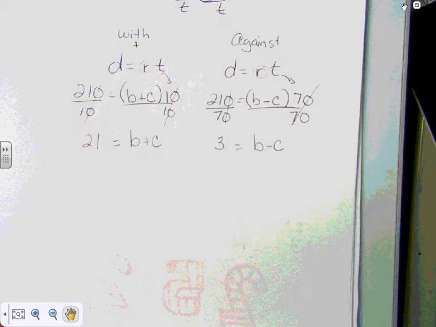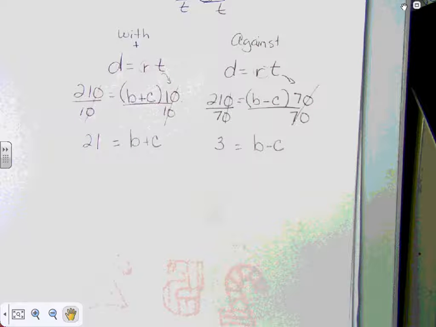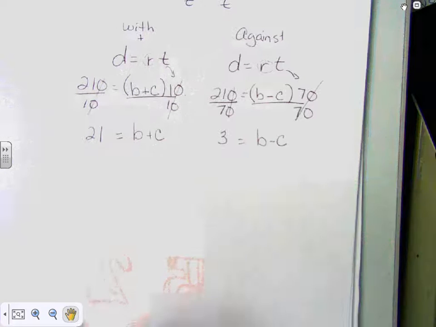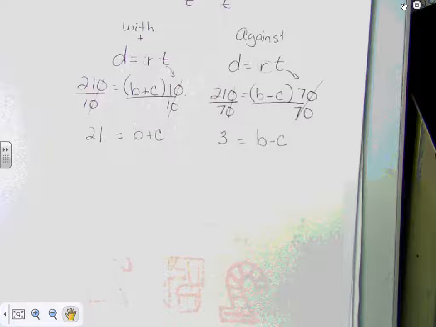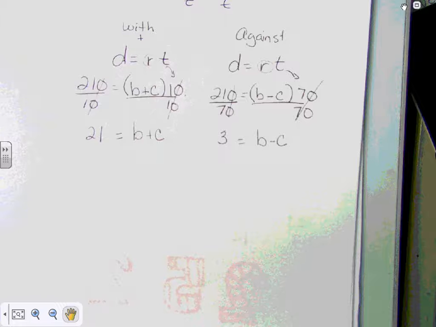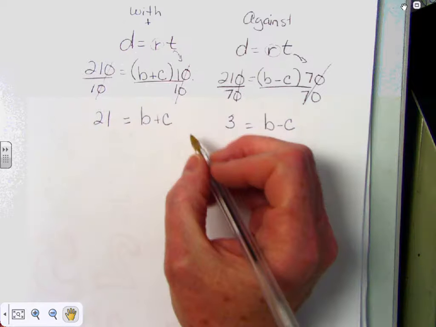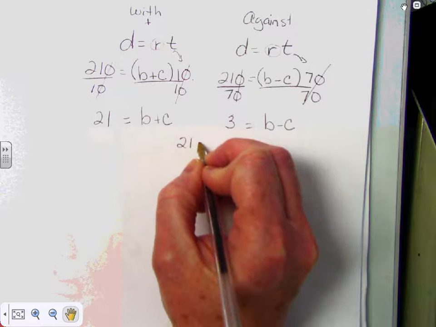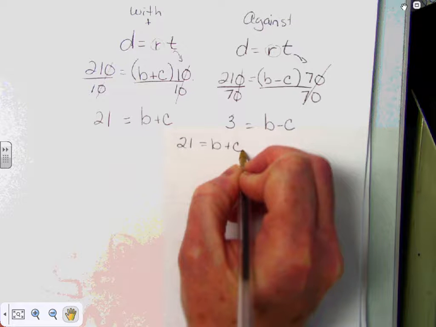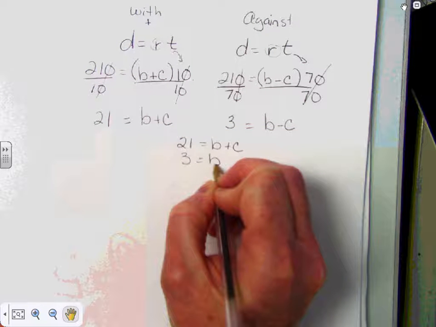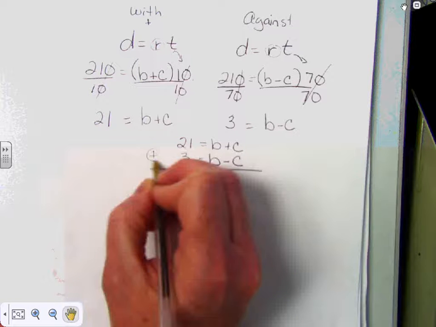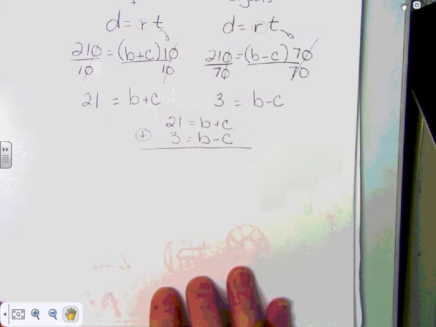You have two very simple basic equations at this point, and you know how to do elimination. Stack them on top of each other, because this is a system of equations, and let's solve for a particular variable. So if I were to put these on top of each other, I'd have 21 equals B plus C, and I have 3 equals B minus C. Do I have to do any kind of fancy math or multiplying to make a variable go away here?